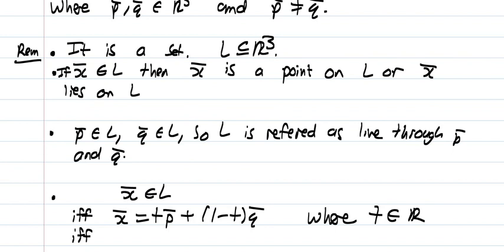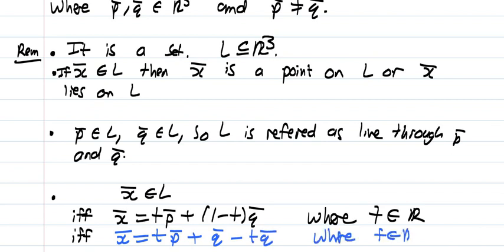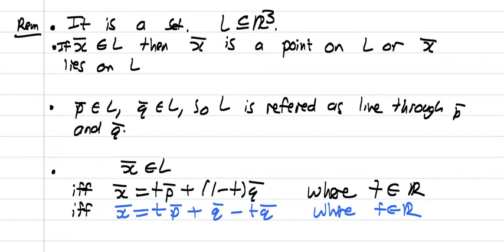So this comes from set notation. And the nice thing is you can actually expand this, and you can write 1 minus T times Q as Q minus TQ, where T is a real number. And then we can say this happens if and only if X is, we can take out a common factor, so we have Q, and the terms with a T, it's T times P minus Q. All of this is known as vector equations.